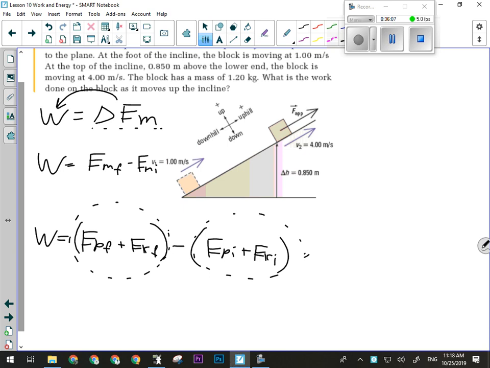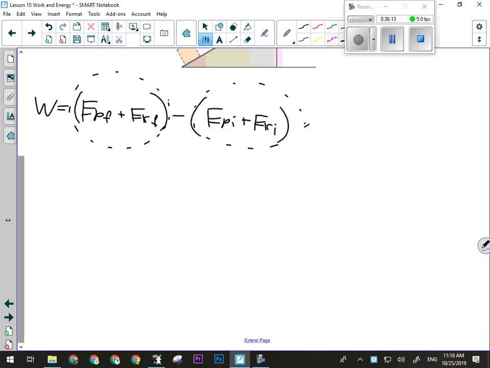Everybody all right with that idea? Yes? Okay. I'm going to expand it again. It's going to get even bigger. So work then is going to equal m times g times h final. So this is my final potential energy, this is how I calculate potential energy, and this is going to be my final height. Plus 1/2 m v_f squared.